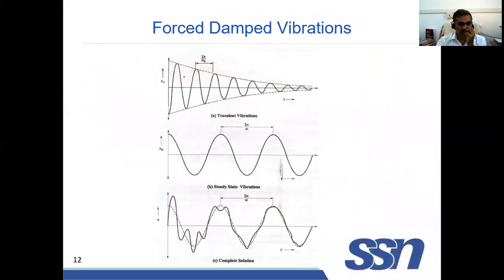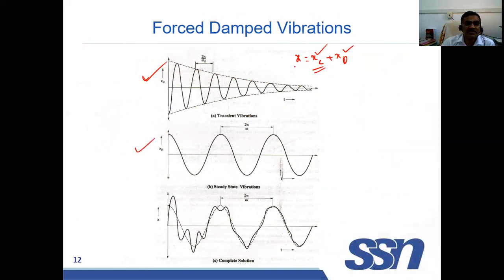See, I told you in this forced vibration, there will be two x values, that is the complementary function plus xp. If you draw the graph for this, it will be like this. If you draw it in the form of a cycle, it will be like this.